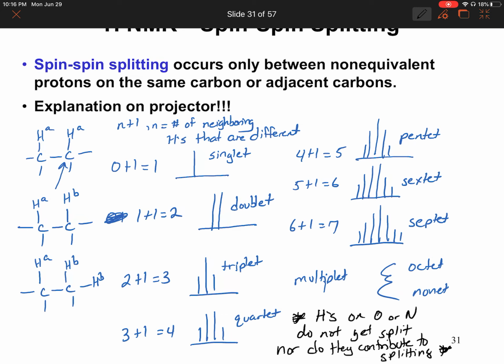If you remember, a hydrogen that's on a heteroatom, such as oxygen or nitrogen, is an acidic proton, which means that you can deprotonate it. You can take it off and put it back on. When we dissolve these compounds in a solvent, this is constantly coming off and on. Because they're acidic, and because of their hydrogen bonding nature, they don't get split and they don't contribute to splitting, because sometimes they're there, sometimes they're not there. So you just want to keep that in mind when we're doing these. And we'll do some examples of this also.